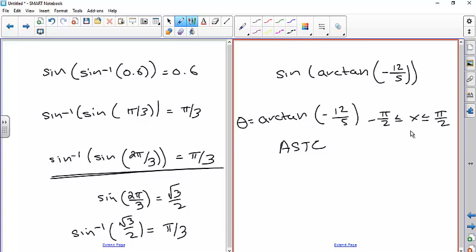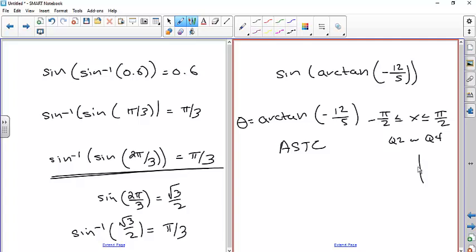So that means it's going to be in the first quadrant or the fourth quadrant. No, sorry. The tangent is positive in the first and third, so it's going to be the second quadrant or the fourth quadrant.